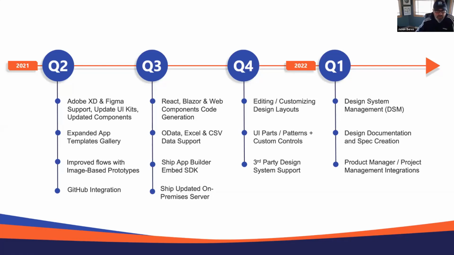Some of this stuff we've started, some of it we have to polish yet, but the immediate feature set is going to be around getting more components and then this Adobe XD and Figma support. We already had questions today: when does XD come? We get it, everyone uses XD. What you saw today with Sketch, you'll get the exact same capability with XD.